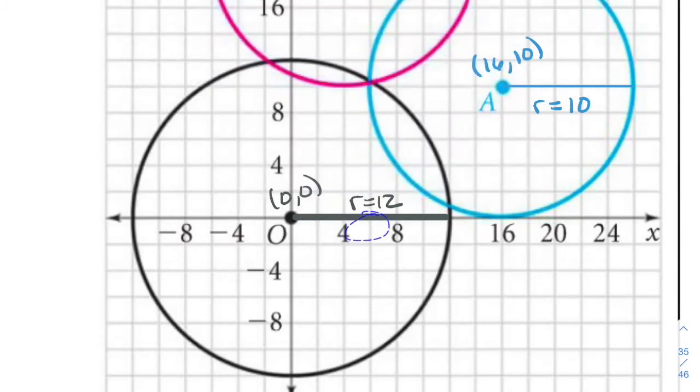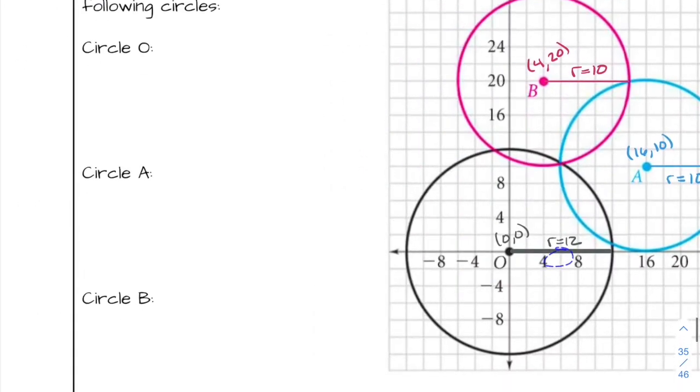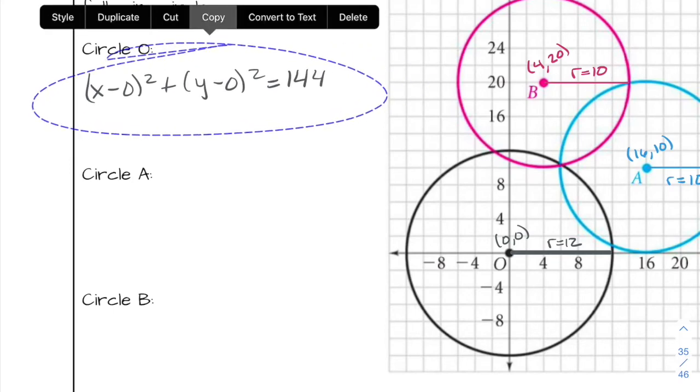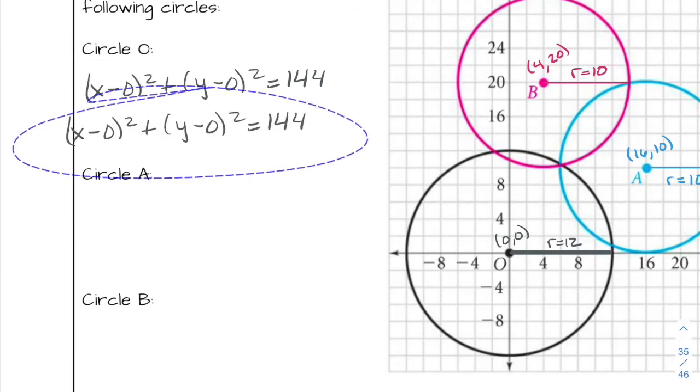We have 10 and that. So circle O is going to be written as x minus 0 squared plus y minus 0 squared equals radius squared, so it's going to be 144. What's cool is that when you have that, you can simplify that one.